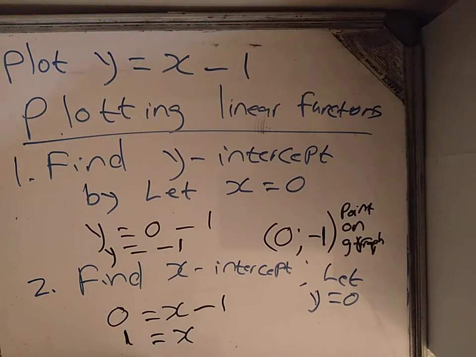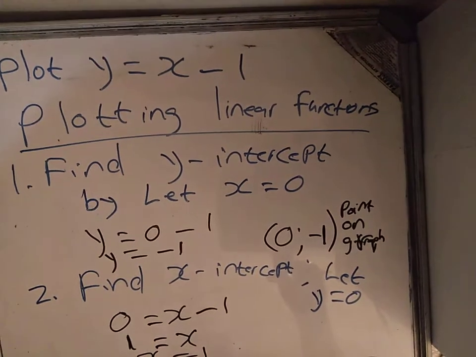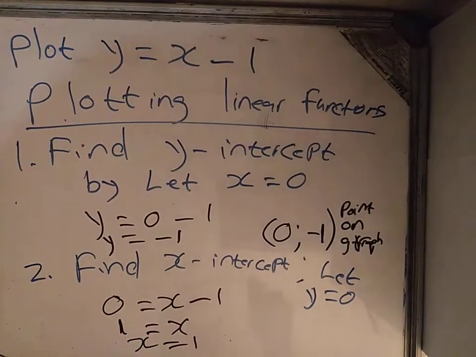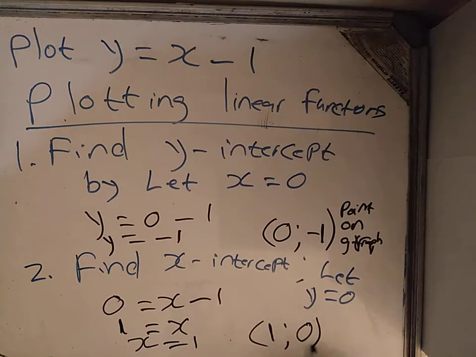So when it goes to the other side, what is it going to be? It's going to be positive. And then this is just the same thing as x is equal to 1. Okay, so you end up with another point, where x is 1, and y is 0. So you've got 2 points.